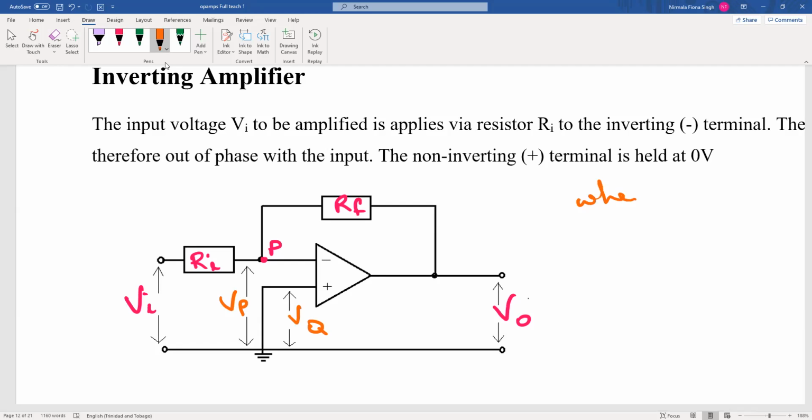When something is grounded, what is the voltage? Zero. Good. VQ will be equal to 0. Remember, 0 is not a number to discount. It is a very important number that gives us directions of fields and directions of energies. So this is our basic circuit for an inverting amplifier.